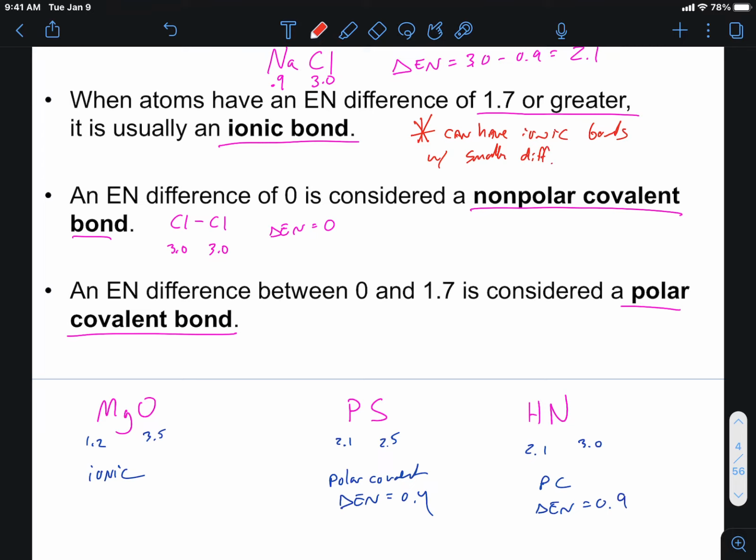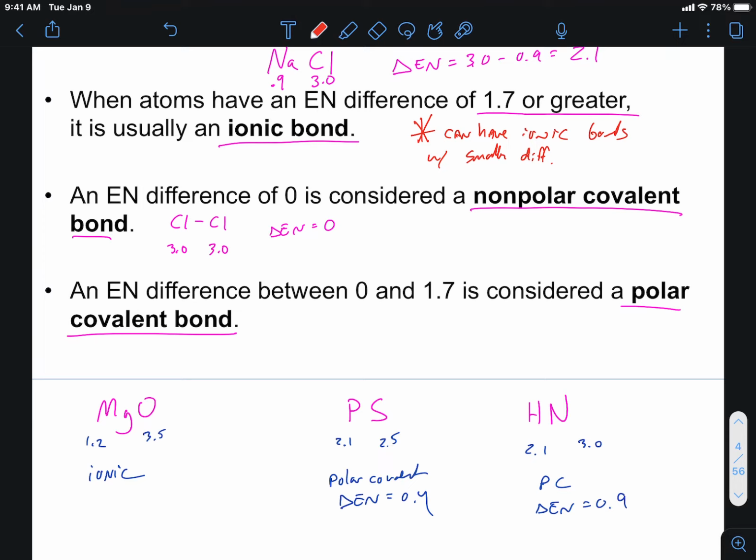Okay, that can happen. Probably I won't show you anything like that right at the beginning, but later on we'll talk about why that might happen. Okay? So these are like suggestions. These rules will cover like 95% of the bond types accurately, but there's going to be scenarios where these rules don't necessarily work, and that's okay.